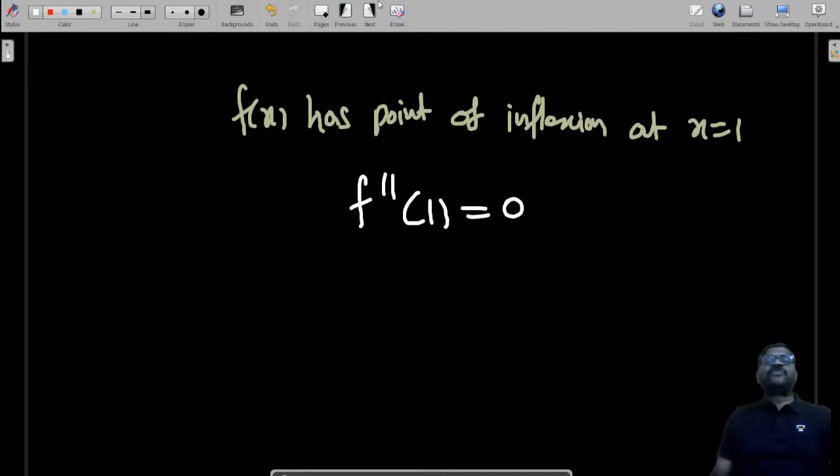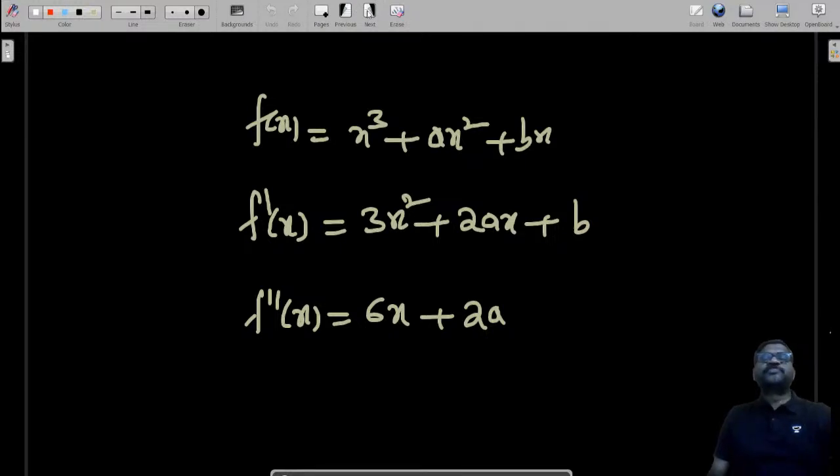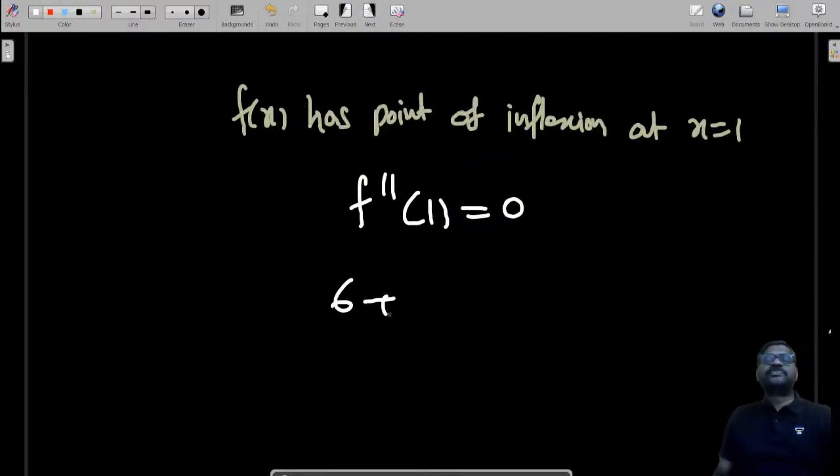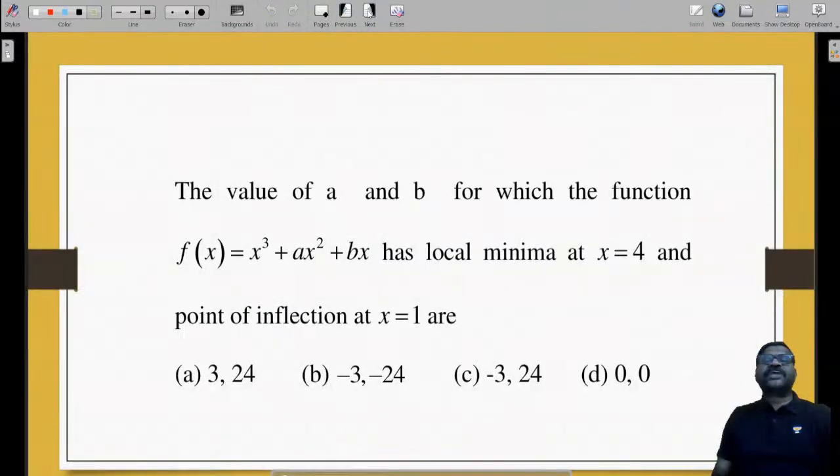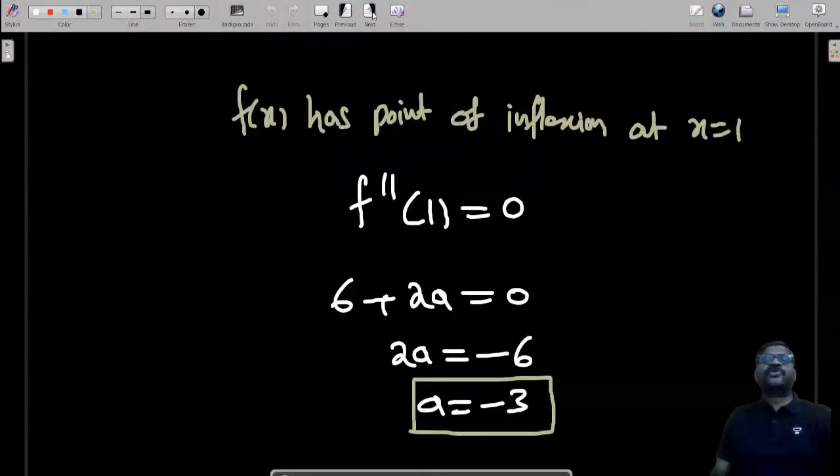F double dash of 1 equal to 0. 6 plus 2a equal to 0. Two a equal to minus 6. The value of a equal to minus 3. F of x has minima at x equal to 4.